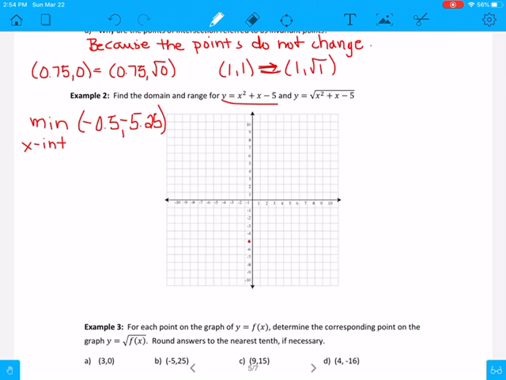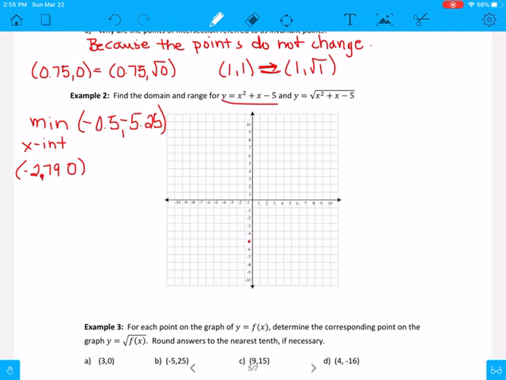So the first x-intercept is at negative 2.79 approximately, and 0.